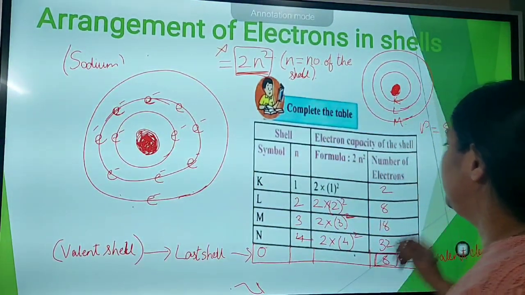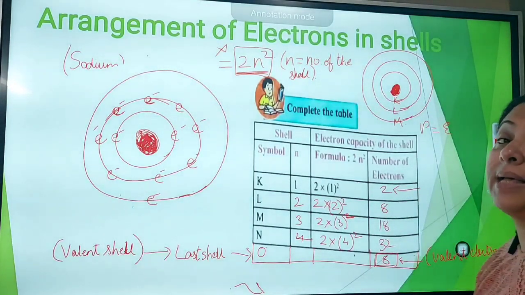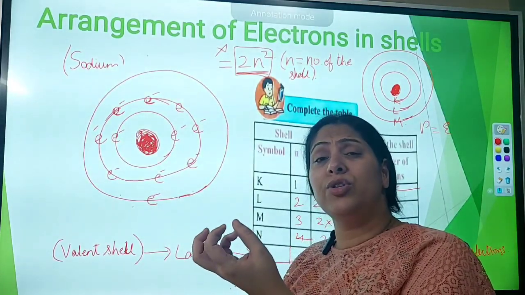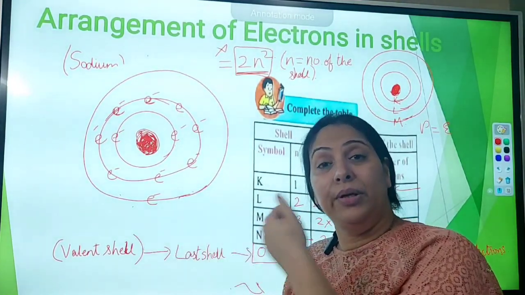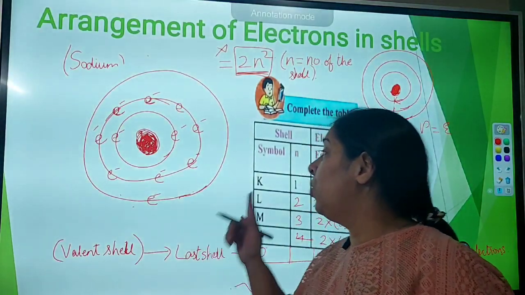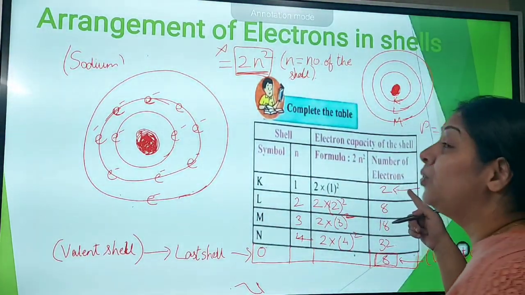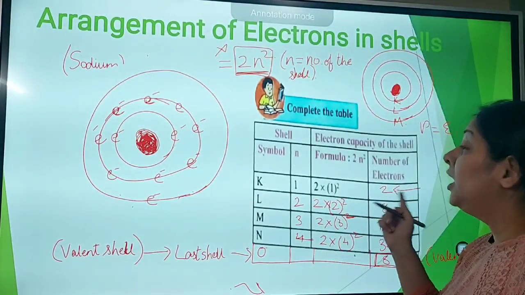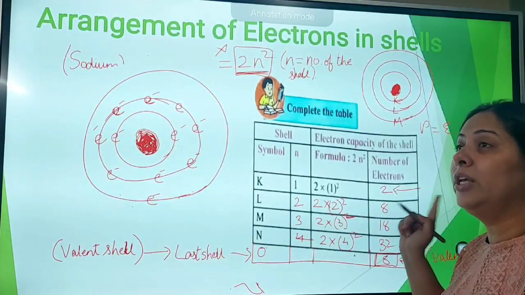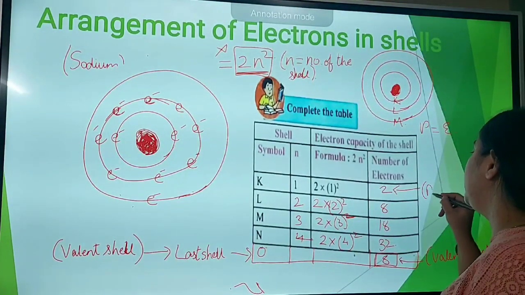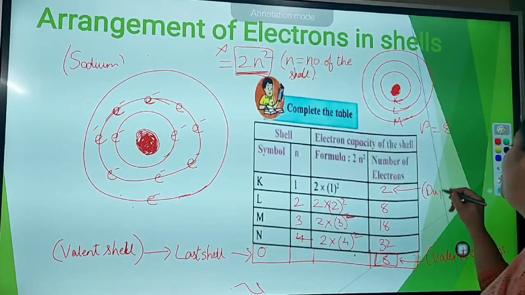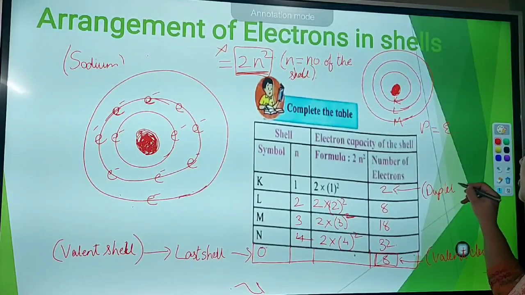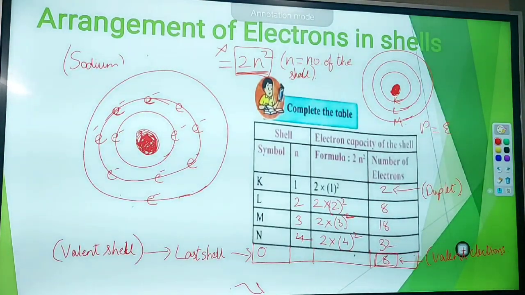Okay. Now children, first shell की capacity कितनी है? 2. उसके beyond अगर electrons हुए, so a new orbit is born. Once the first shell gets 2 electrons, you can say that it has attained duplet state. Alright?